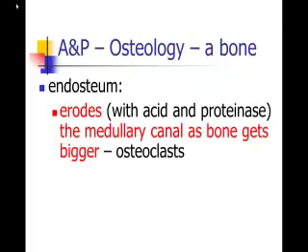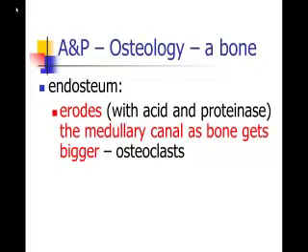Okay, then we have the endosteum. The endosteum is going to erode the matrix of the bone tissue and make the medullary canal larger as the bone gets bigger, both in length and diameter. And so you might think, well, gee, this stuff is mineral. How does it do that? It uses acid.